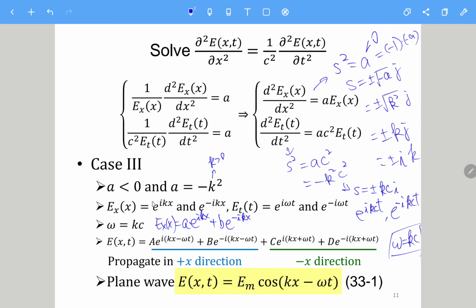As this is a solution and this is another solution, the linear combination is also a solution. Similarly for this one, but maybe we don't use C and E; we can use d exponential to j omega t, plus f exponential to negative j omega t.